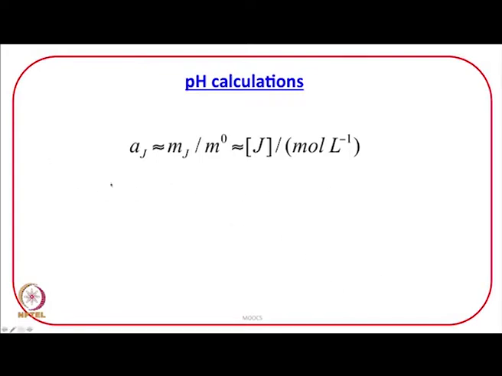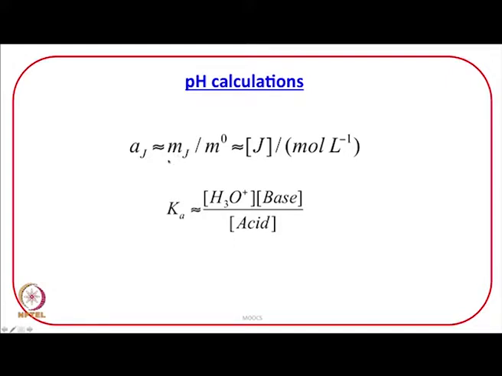And when the solution is very dilute, the activity coefficient can be taken as 1 and we can approximately equate the activity to the molarity or molality, whichever way you want to express it. Mole per liter is molarity. In that case, the acidity constant can be written in the form of concentrations, since for very dilute solutions we assume the activity coefficient to be 1.